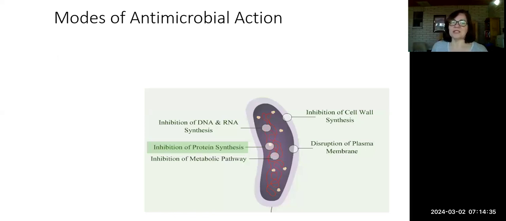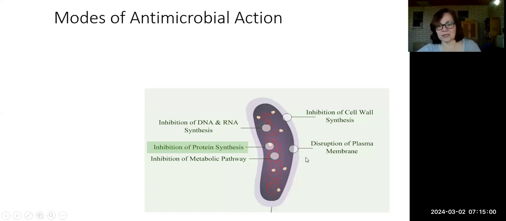All right, so there's a number of different modes of antimicrobial action, and it all boils back down to what are the structures or what's the physiology of this microbe that's different from the host. And that is how we can target a medication. So for example, the cell wall of this microbe, we don't have cell walls.